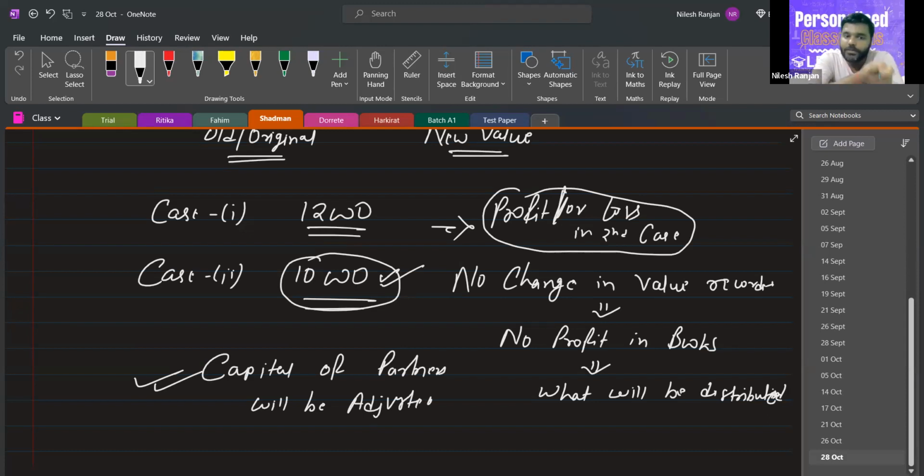Yes. That's why I solved many questions. Like in the previous class, I solved a question related to goodwill. In the current class also, I solved a question related to goodwill. Yes, sir. But then also, you are not able to solve the question. Yes, sir. It was a fraction mistake. Yes. So that's why I'm saying that if you are not able to understand anything, no problem, but you have to ask.